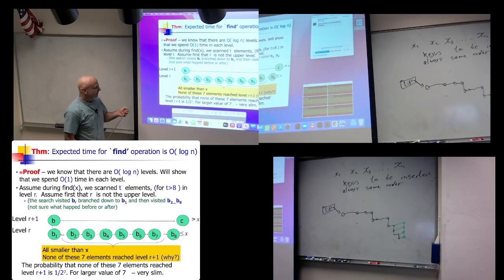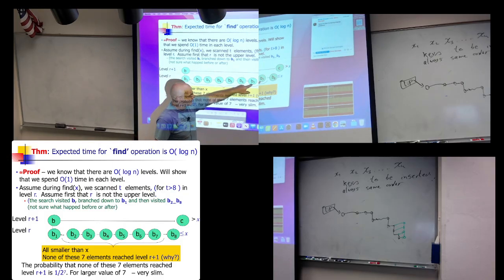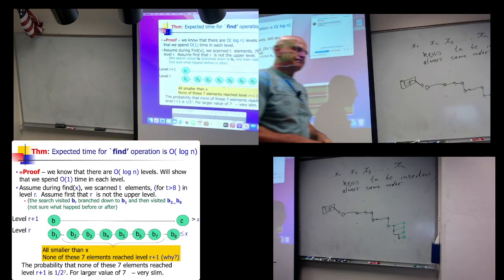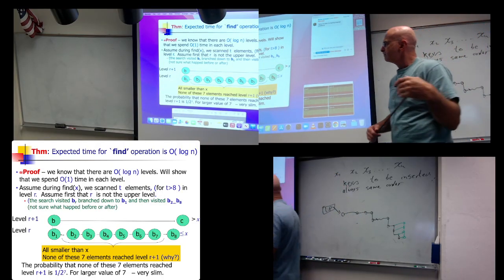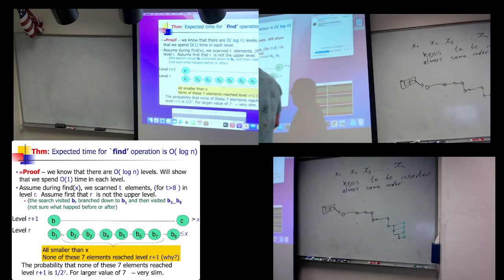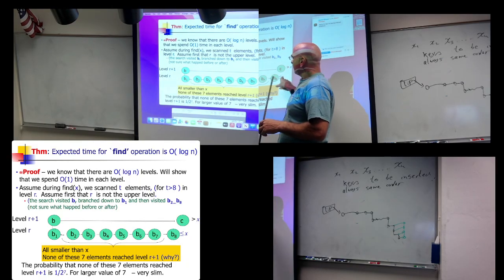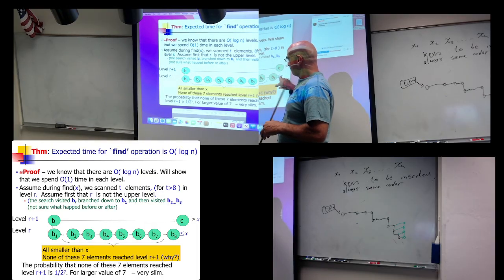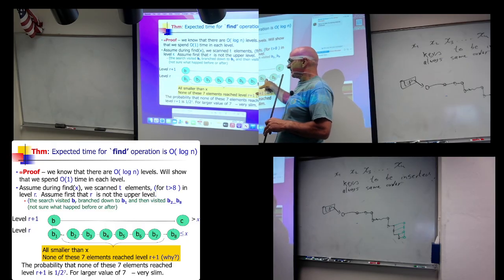Let's try to make it more formal. I visited B, from B I moved down to B1, and then I moved to the right all the way up to, say, B8. I visited 8 elements, all in this level, on my way to find X. My question for you is first to notice that all these elements are all smaller than x, right?